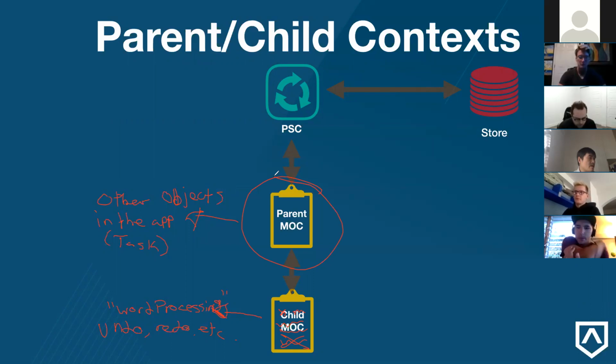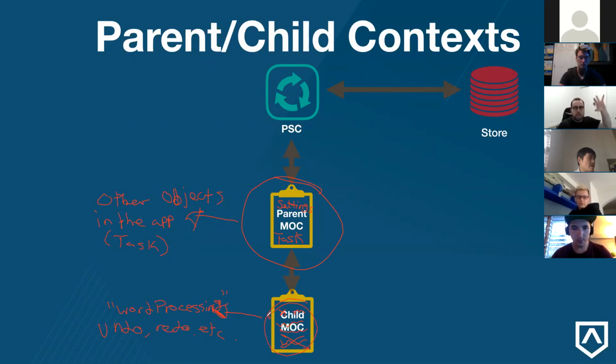So if you've got some things over here, like some settings or some tasks that you're using to display to the user or letting them change, you don't want those things to get cleared out when you want to clear out this context down here.